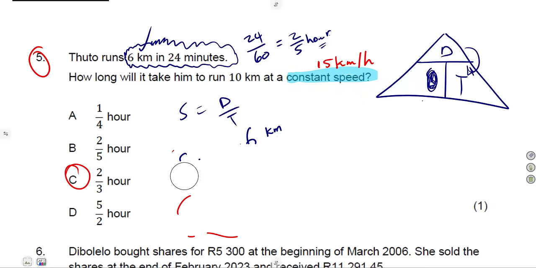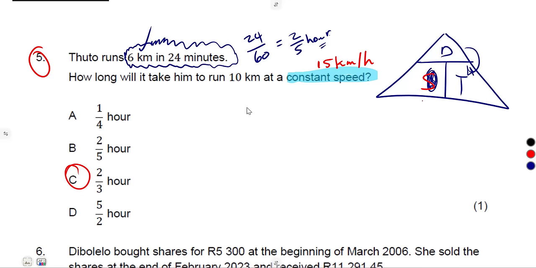If it is 15 kilometers per hour, the question now is how long? We are now talking about the time given the distance and that constant speed.